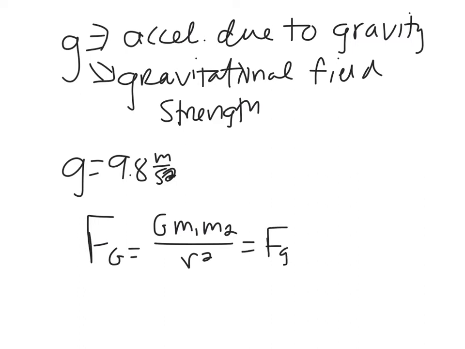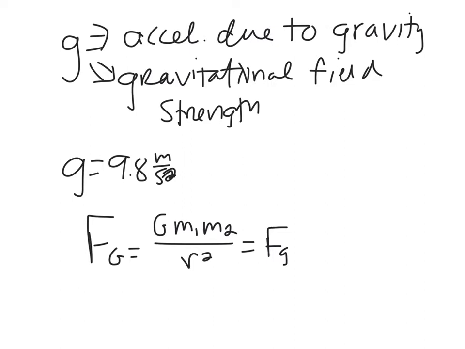So the gravitational attraction is equal to the force of gravity, or the weight. This weight will change as the distance between the centers of the two objects changes. So that's why g equals 9.8 meters per second squared is only valid for when you're on the surface of the Earth. And again, this will change as you leave the surface of the Earth.